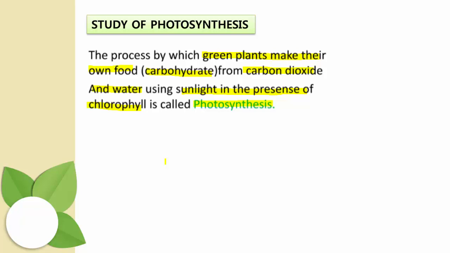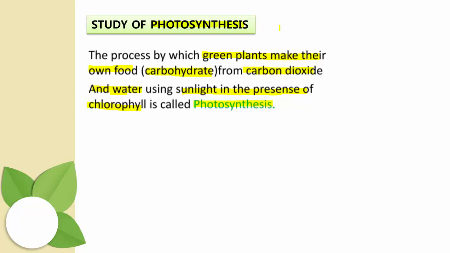Due to the presence of chlorophyll, the green plants appear green in color. And chlorophyll absorbs the light radiations or sunlight, and using that light radiation, the carbon dioxide and water are finally converted into carbohydrate through the process called photosynthesis.